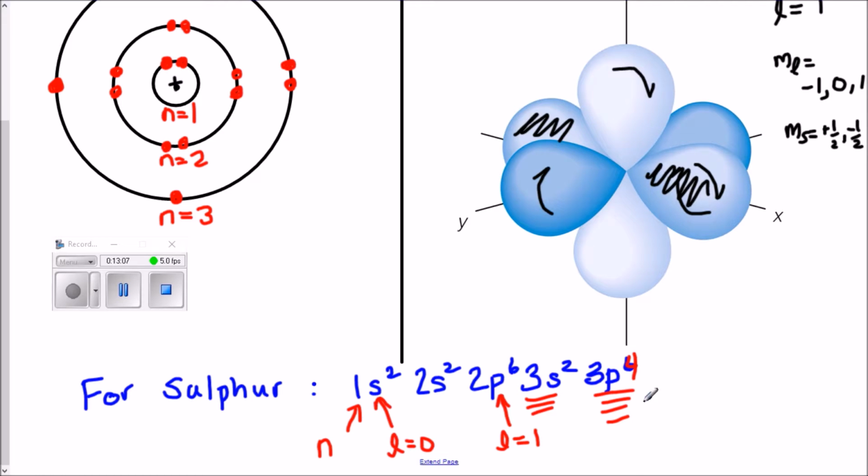These are the valence electrons. So this is called an electron configuration. And what it does is it tells you 2 quantum numbers. That's it. It tells you the principal energy level, or the shell that it is in, and it also tells you the type of orbital that each electron sits in. You also can determine the valence electrons from this.